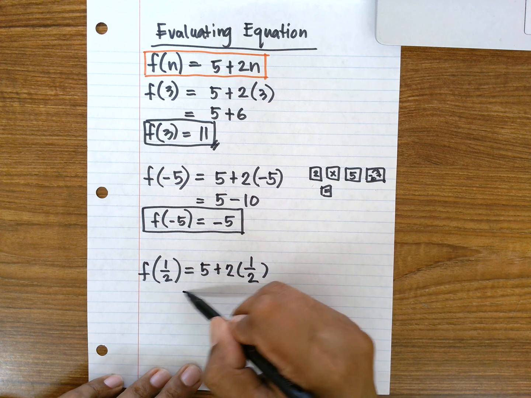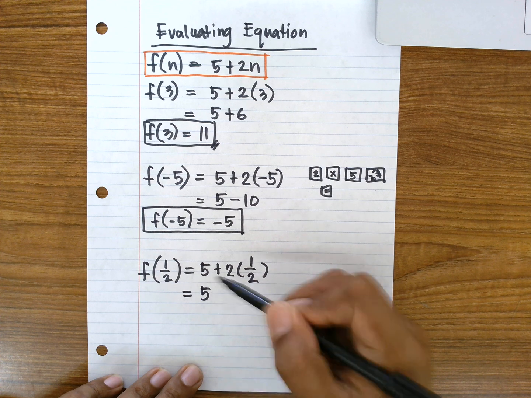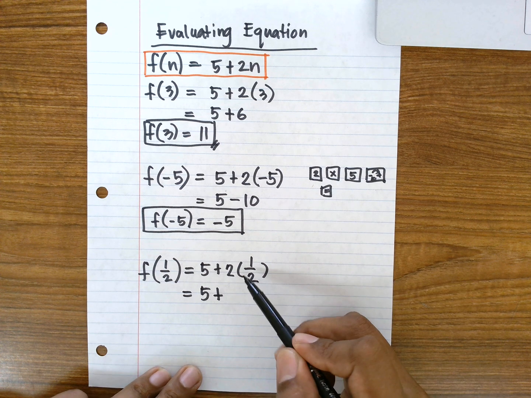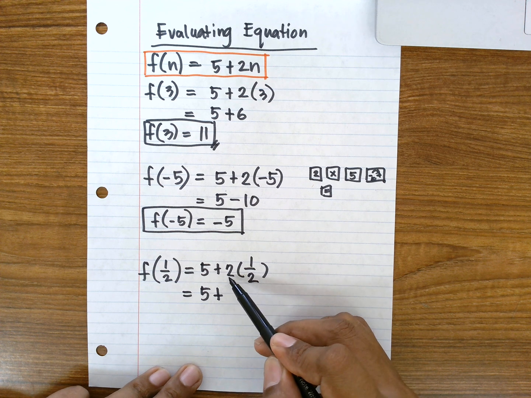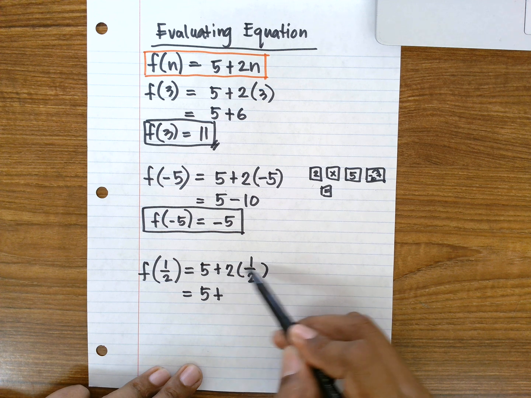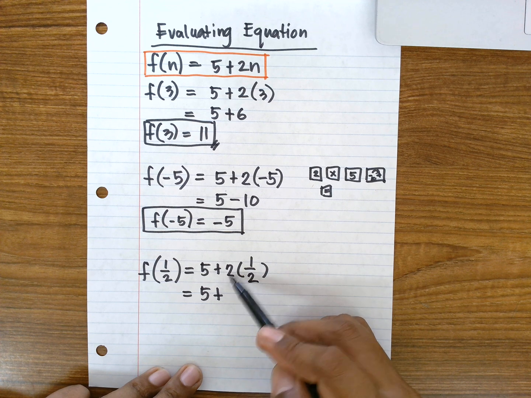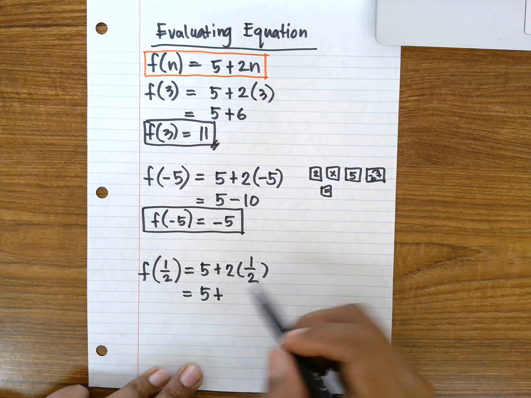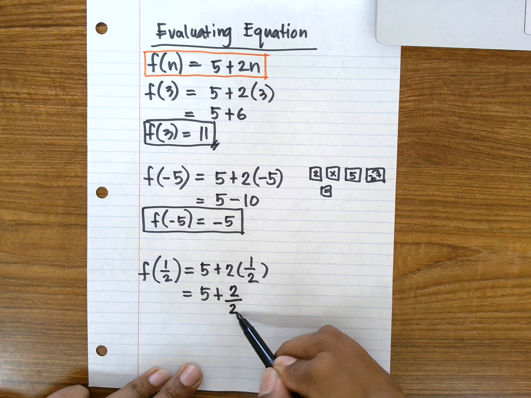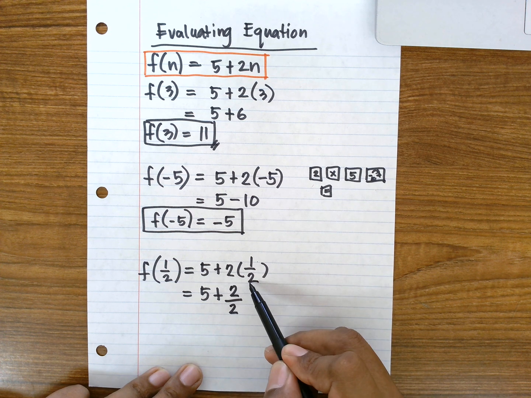Next, write down 5 plus, and in this part, when we are multiplying a whole number to a fraction, you just have to multiply this whole number to the top of our fraction, which is what we call the numerator. Just multiply 2 to the numerator, that's 2 times 1, that is 2, all over 2. Do not multiply 2 to the denominator.